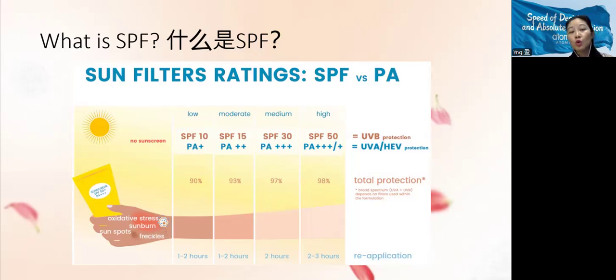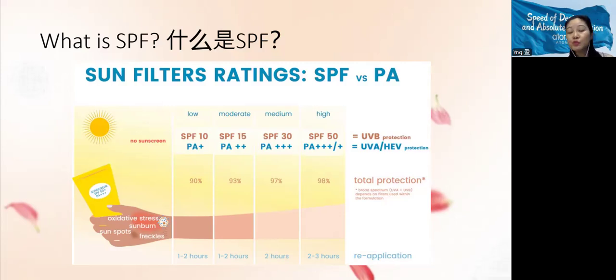And for a low rating, for sunscreen such as SPF 10 or even PA+, it protects our skin from about 90% of the UVA and UVB. So we need to reapply every 1 to 2 hours because that's the amount of time that the protection will last.